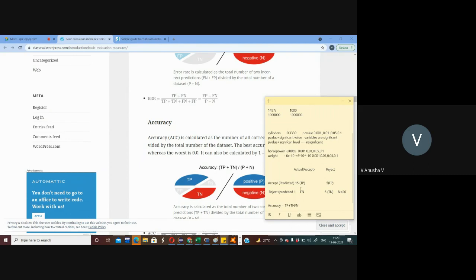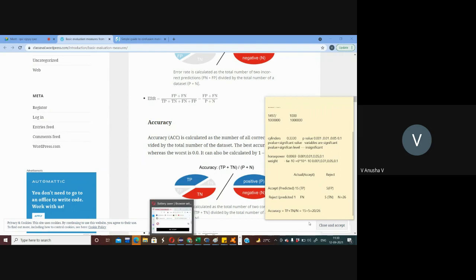Okay. I've taken the total sum of these four outcomes. So this will be TP is 15, 15 plus what is TN? TN is 5. Right? This is rejected 5. So that's equal to 20 by 26. Let's calculate this one.